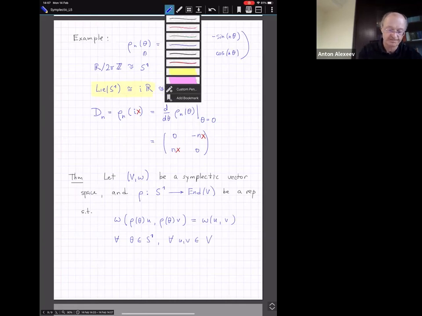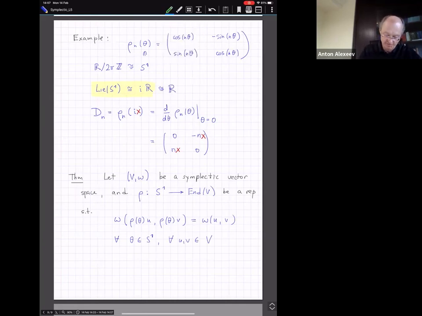So this means omega is invariant under the S1 action. And this will be the context for many statements later on. So we're going to look in general on manifold symplectic structures which are invariant under S1 actions and actions of other groups, usually compact Lie groups.